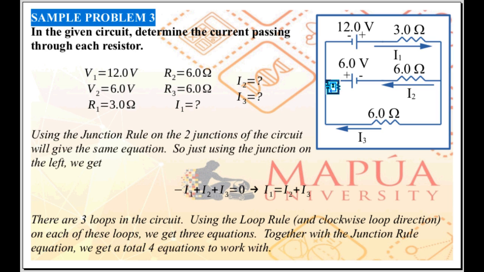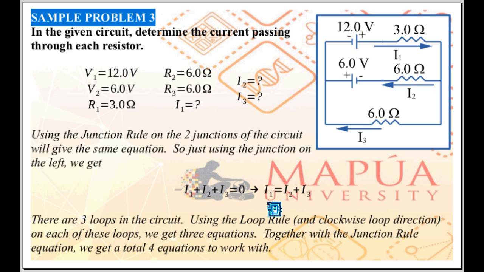Junction on the left, you have current I1 leaving the junction, so minus I1. You have current I2 heading into the junction, so plus I2. I3 is also heading into the junction, so plus I3 equal to 0. So negative I1 plus I2 plus I3 is equal to 0.